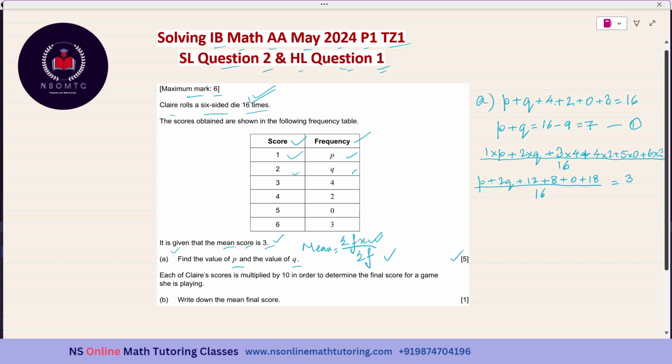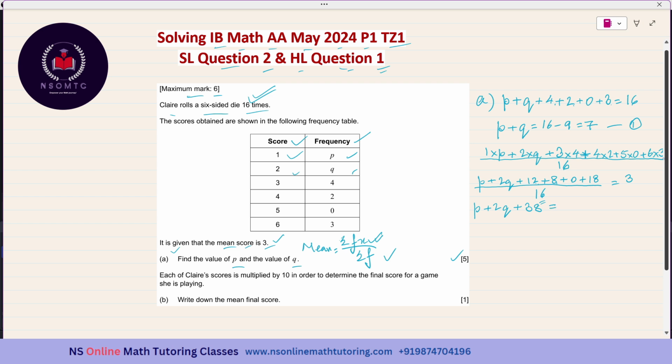Okay. So I'm multiplying the entire equation by 16. So the left hand side is p plus 2q plus 12 plus 8 is 20, 20 plus 18 is 38. You don't have any calculator. This is paper 1. You may write down the numbers and do the addition, or else you can do it orally.